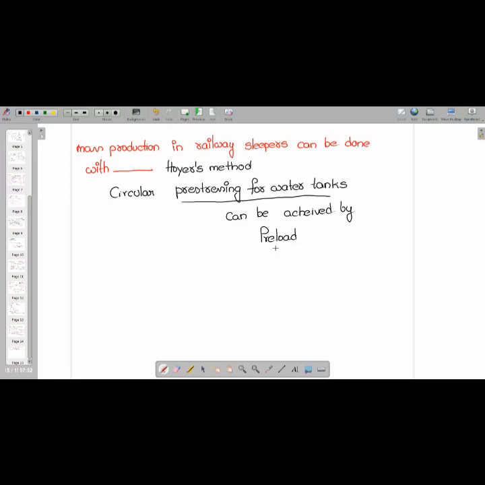By the preload method. Circular pre-stressing for water tanks is achieved by preload. Sir, do you know the minimum grade for pre-tensioning? M40. And the minimum grade for post-tensioning is M30, right?